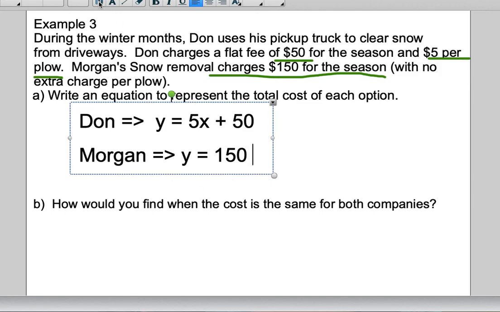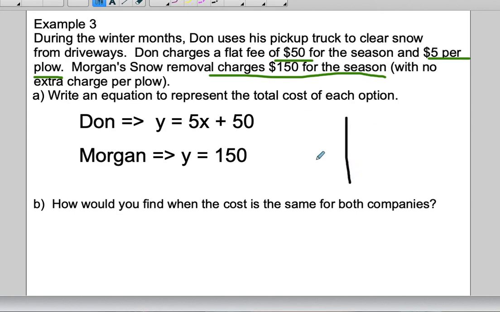Just as a side note, when we have an equation of y equals 150, this would mean that we would go all the way up on our y value till we get to 150, and that would be a horizontal line at y equals 150. So for all x values, it doesn't matter how many plows are made, it's $150 for the season. And then we could graph Don's accordingly as well.